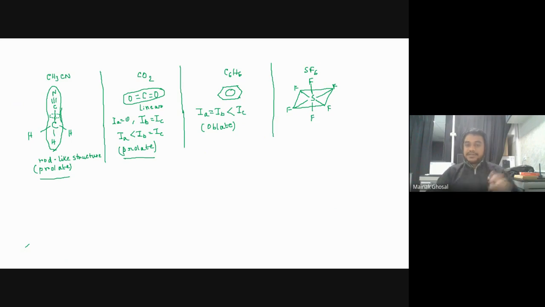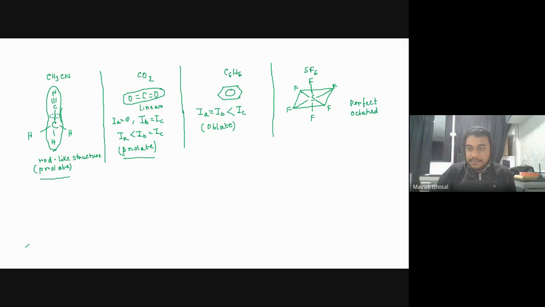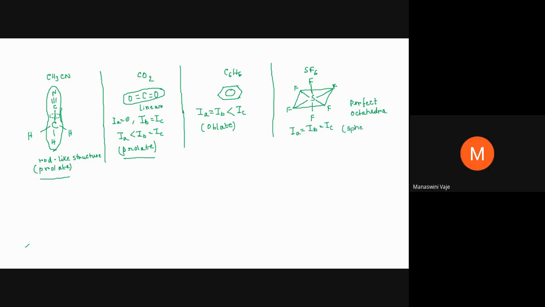Yes, this is the structure. So it is a perfect octahedron. In terms of structure, IA will be equal to IB will be equal to IC, and it will go under spherical top.